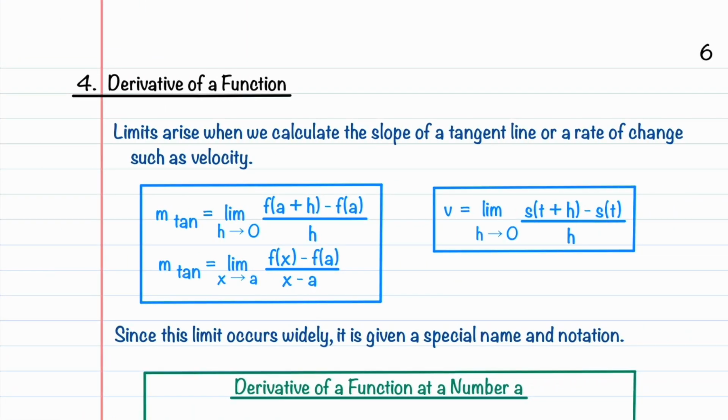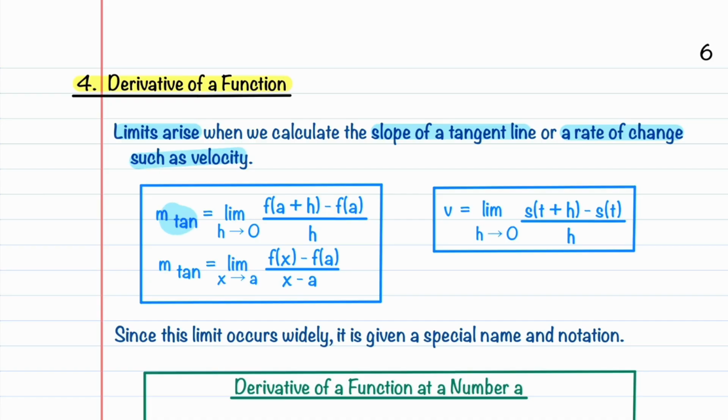We're going to now learn how a derivative is defined and walk through some examples. Limits arise when we calculate things like the slope of a tangent line or a rate of change such as velocity.